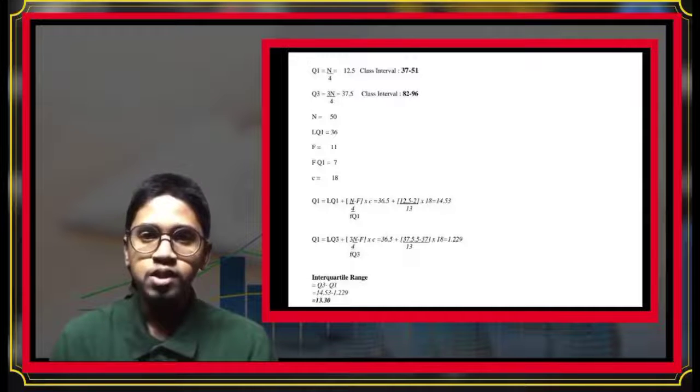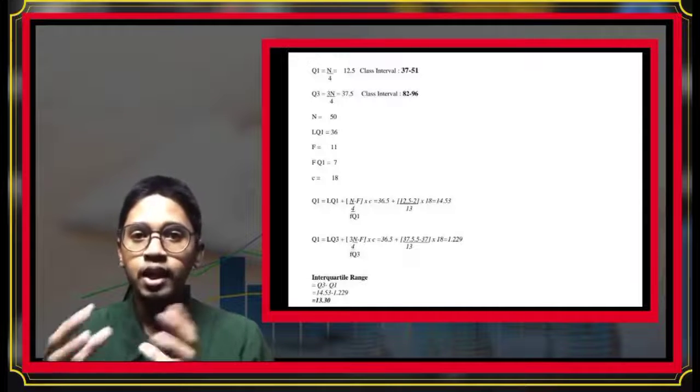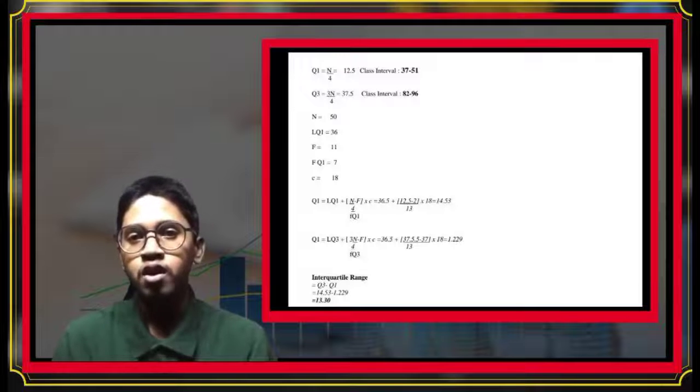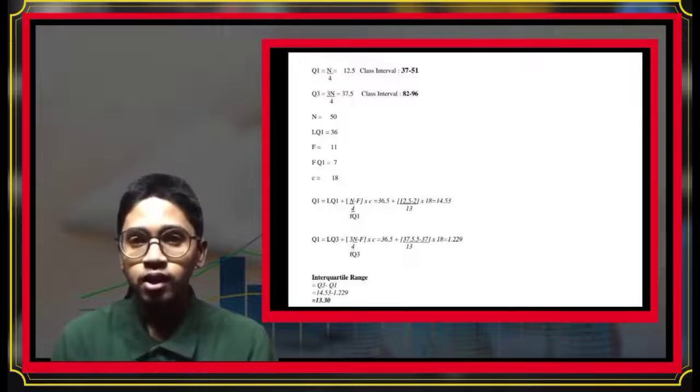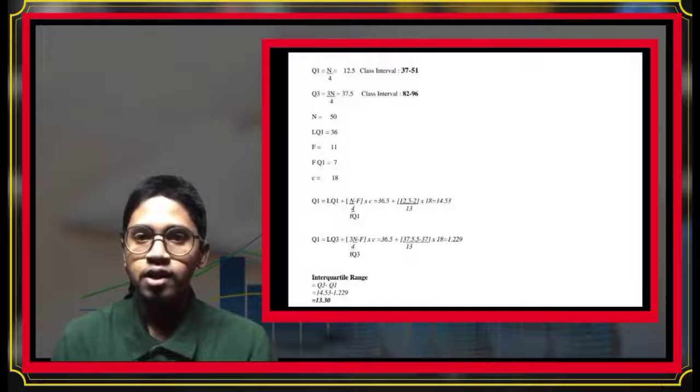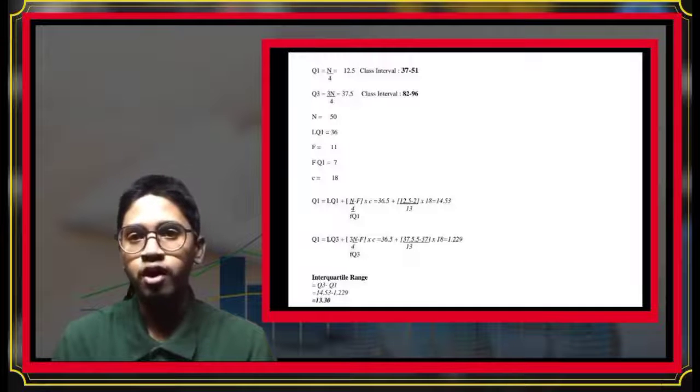So step 2 is to take the lower boundary in the class interval, which is 12.5 minus 2 and divide by 13 times 18, and the answer is 15.53.